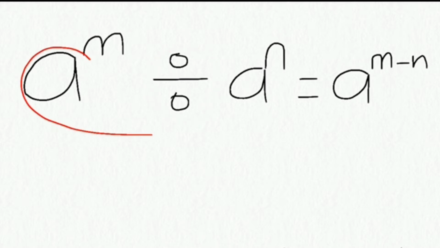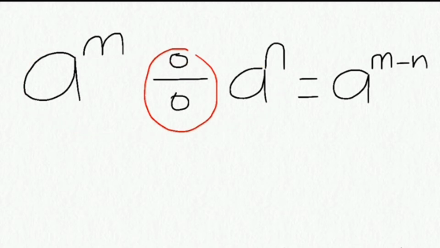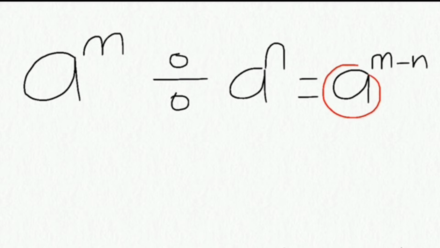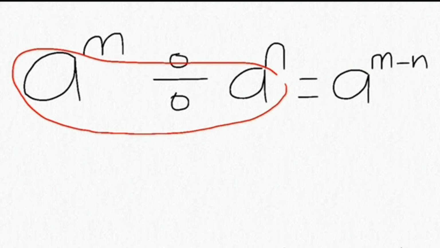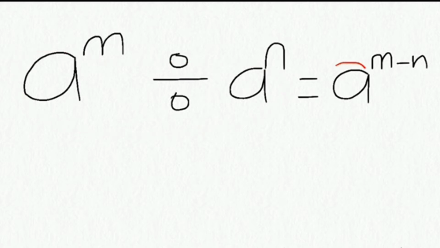The bases are the same, and there's a division sign. You must only write one base. You see here we have two bases, a divided by a, but I've only written one a.